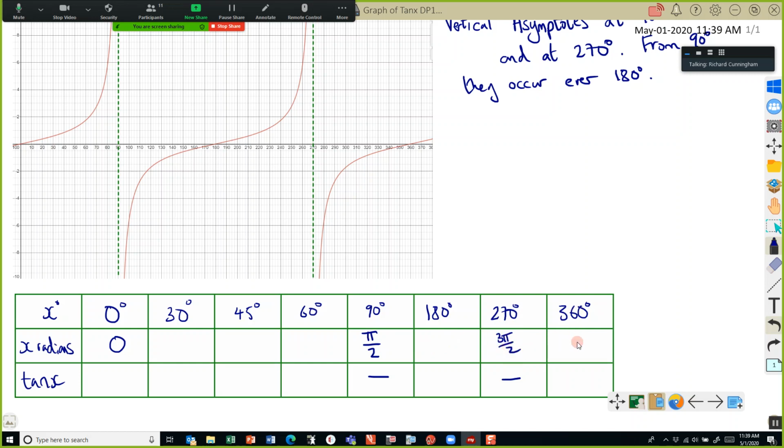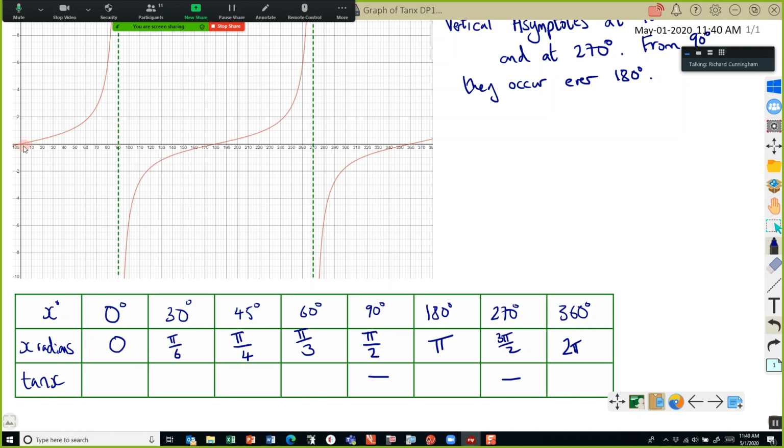Let's just quickly put in the rest. 360 is 2 pi. 180 is pi. 60 is pi over 3. 45 is pi over 4. 30 degrees is pi over 6. Okay.